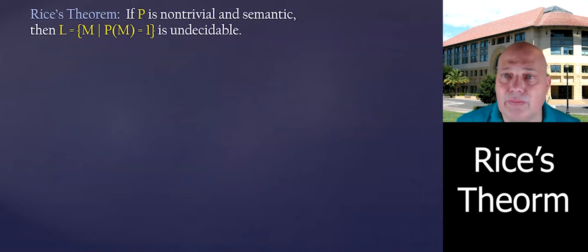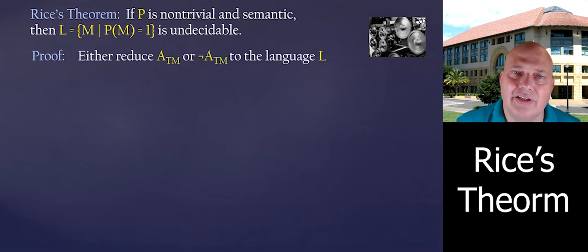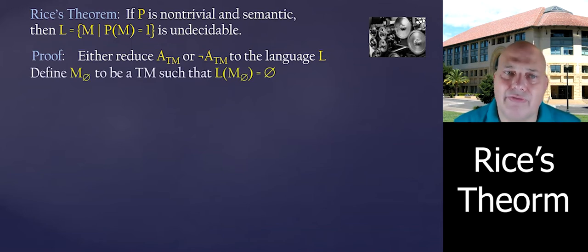So let's prove it. There will be two cases. In one case, we'll show that the language is not decidable. In the other, that it's not recognizable. This is going to be the property that's worth knowing. So either ATM or not ATM is going to be mapping reducible to L. Let's define again a Turing machine M naught that accepts nothing.